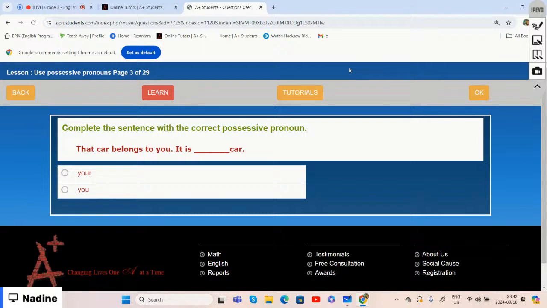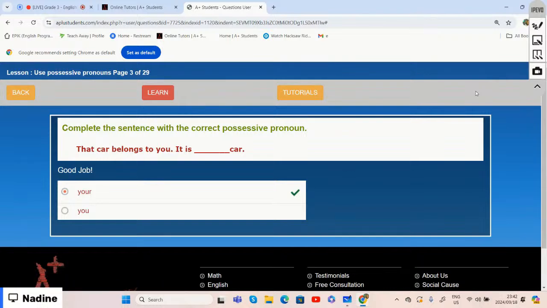All right, and if we were to choose the correct option, we will say it is your car. Because if something belongs to you, then it is your car or yours, for example.